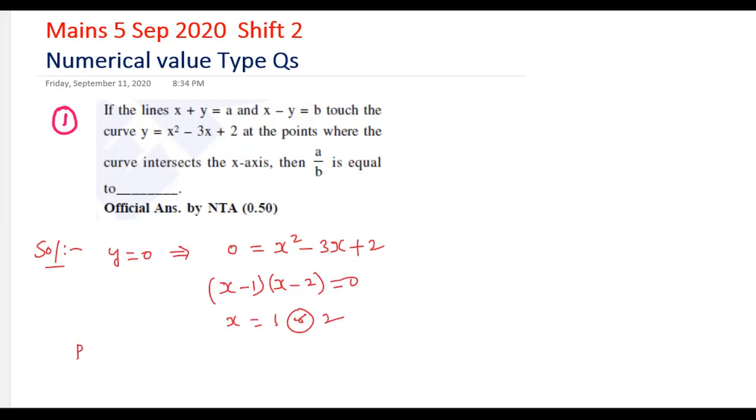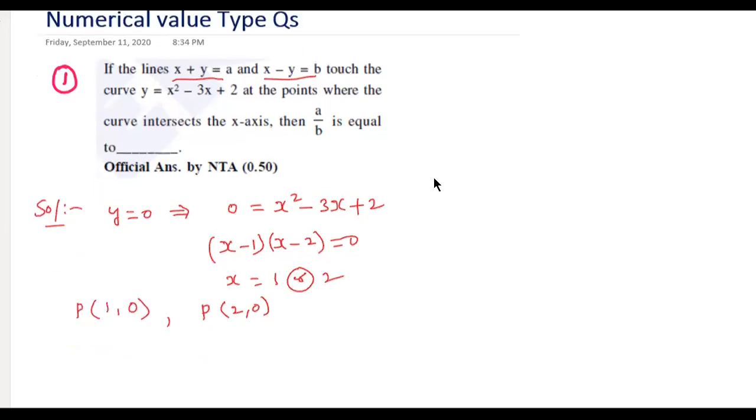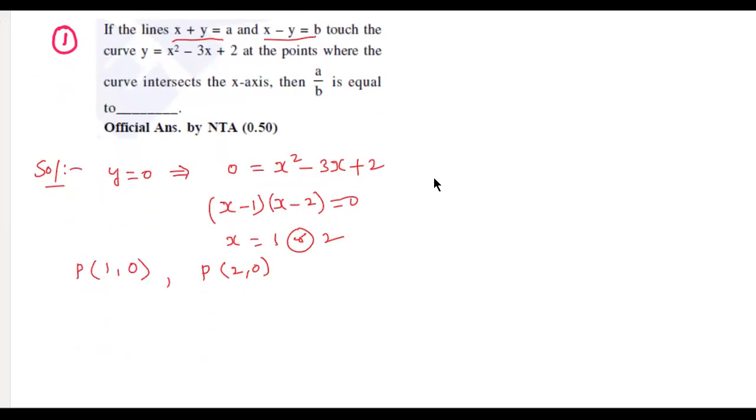Suppose P is 1 comma 0 and another one Q is 2 comma 0, because two lines are given and the two lines are touching the curve. So the points of contact of the two lines are 1 comma 0 and 2 comma 0.